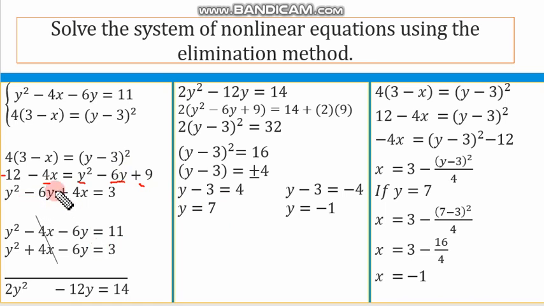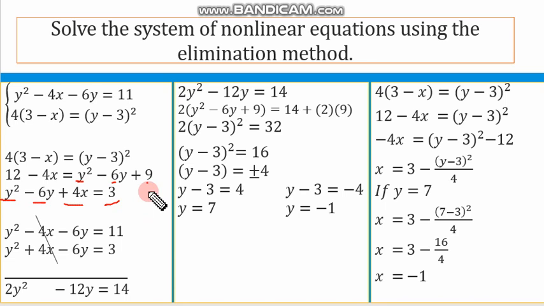Okay, so let's combine all the like terms. So y squared minus 6y, and then we transpose the negative 4x to the right side, so it becomes 4x. And then 9 here. So minus 12 is negative 3. But since it is on the right side, it becomes positive 3.